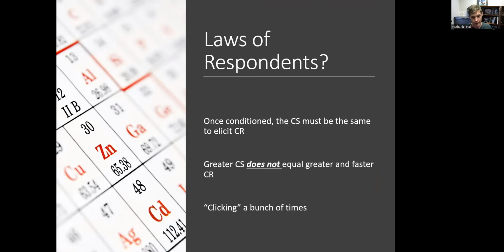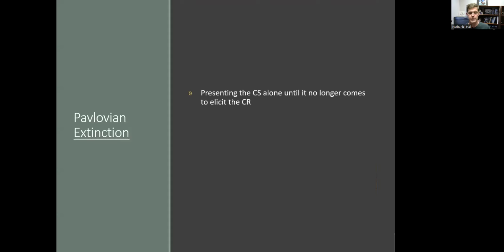If you condition clicking 10 times before you deliver food, then that in and of itself would be a fine CS. But if you typically train one click leads to food, then that becomes your CS, and just changing that CS by clicking successively back to back several times is not going to actually produce greater conditioned responding or greater conditioned reinforcing properties.